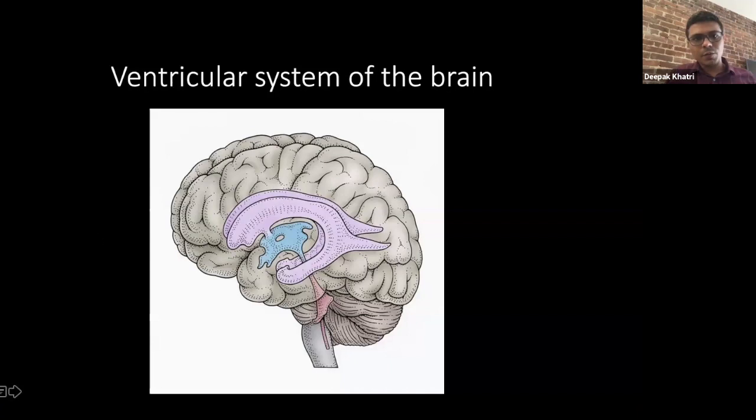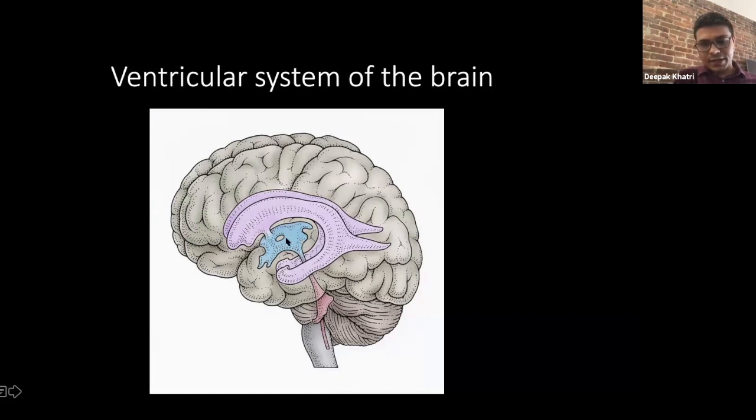So we'll discuss the ventricular system of the brain. As all of you know, we have 4 ventricles in the brain. The 2 lateral ventricles, which can be seen marked with the pink color, are primarily contained within the cerebral hemispheres and connected to the 3rd ventricle, which is seen here in the light blue color. It's a midline structure.